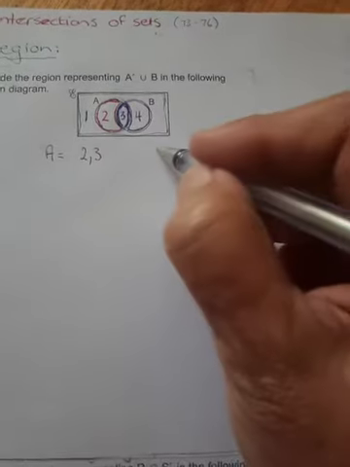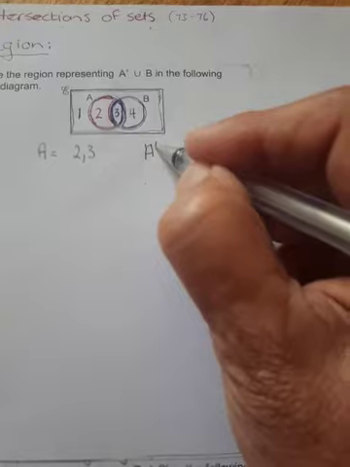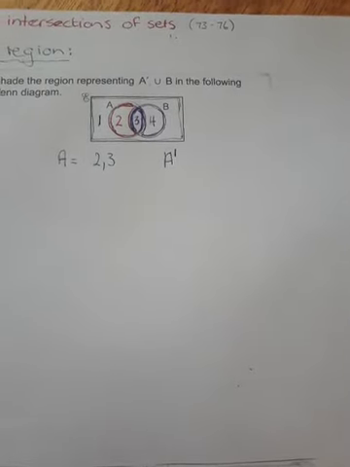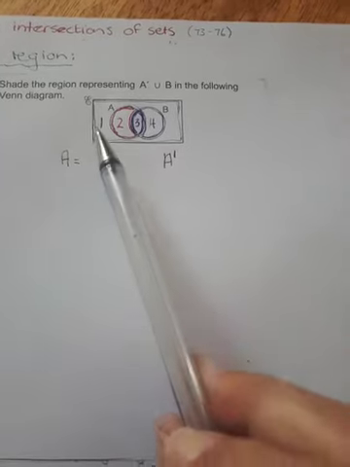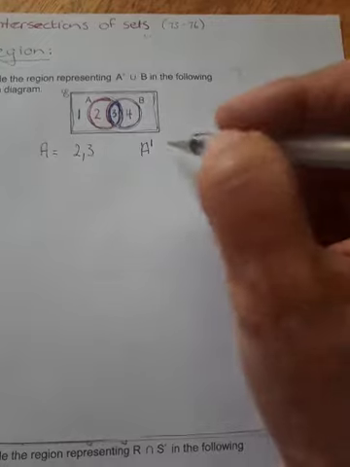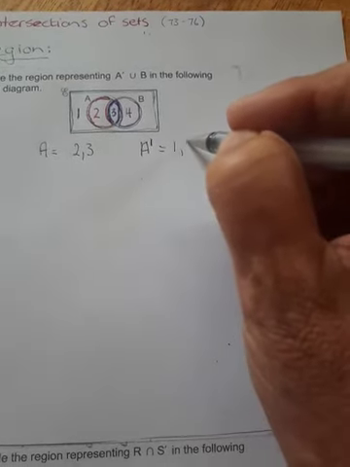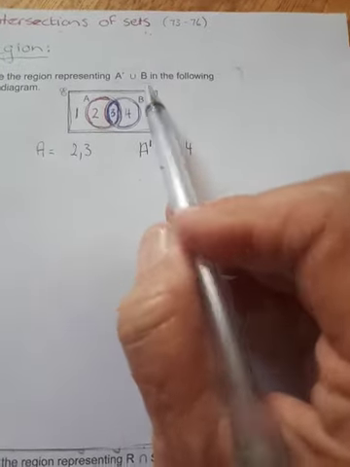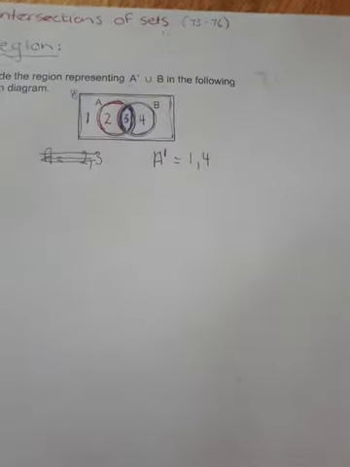Therefore, A complement is everything outside 2 and 3. So which means it is region 1 and 4. Region 1 and 4. Because the question is about A complement and not A, you can cancel A because you don't need A at all.